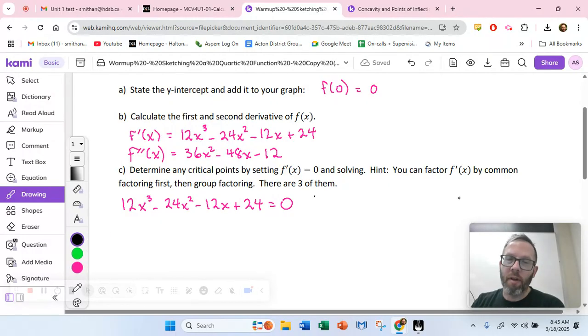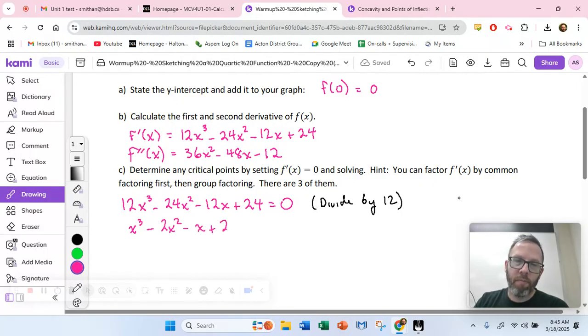So I'm just going to divide by 12 to make the solving easier. The number's a lot smaller. So we have x cubed minus 2x squared minus x plus 2 equals 0.